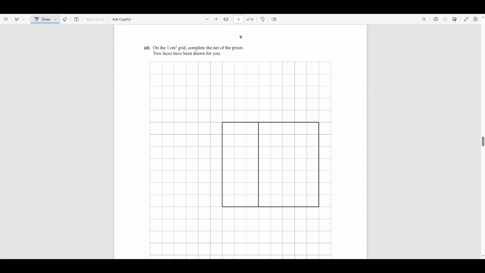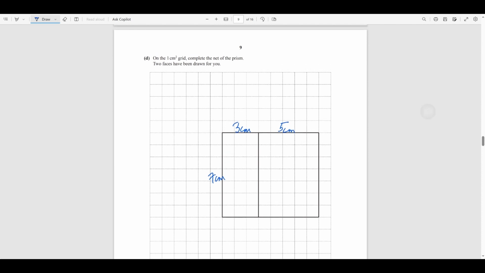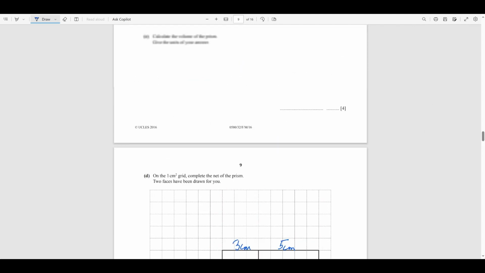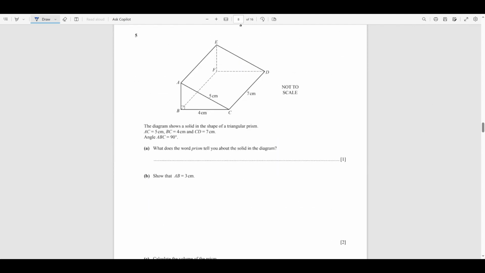On the 1 centimeter square grid, complete the net of the prism. Two faces have been drawn for you. So let's quickly check: this is 1, 2, 3, 4, 5, 6, 7. So this is 7 centimeter, and this is 3 centimeter, and this is 5 centimeter. Let's take a look at what faces have been drawn. One rectangle is 3 by 7 and the other rectangle is 5 by 7. The first rectangle was 3 by 7. AB was 3, right? And then this is 7.